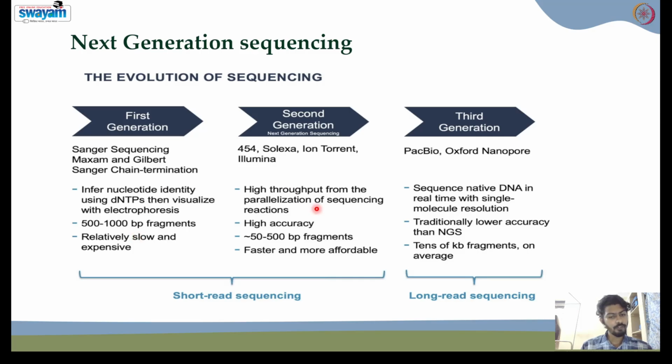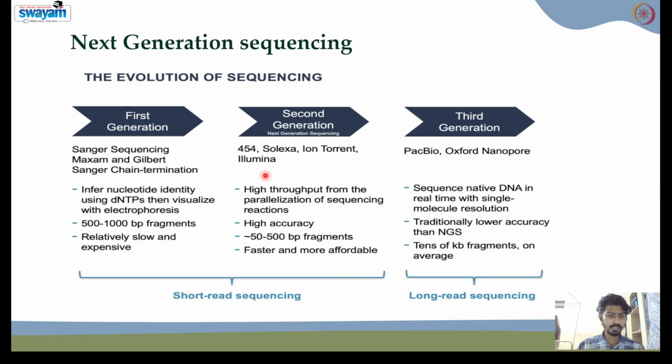As the technologies evolved, the next generation, which is second generation, we often call next gen sequencing, where different techniques like 454, Solexa, Ion Torrent, and Illumina came, where millions of fragments are analyzed within a few minutes. You can correlate this with a car.